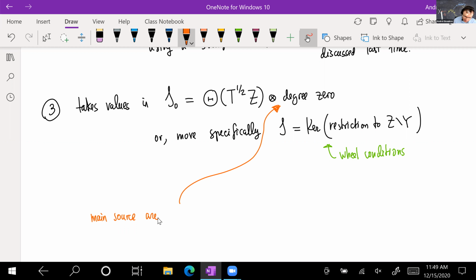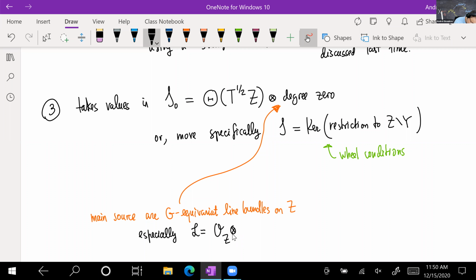You can say G-equivariant line bundles on Z, but especially just characters, especially line bundles of the form of Z times a character. Maybe call that character chi.